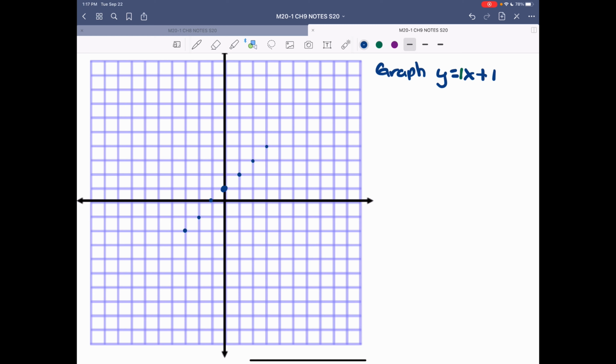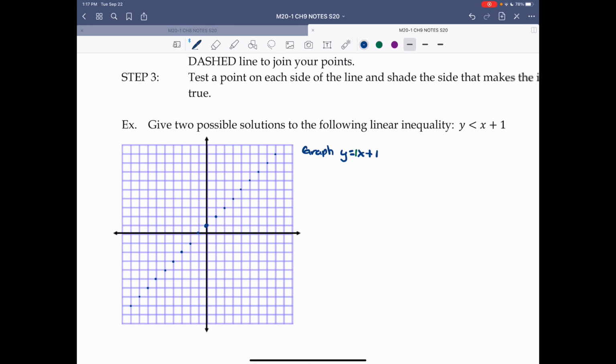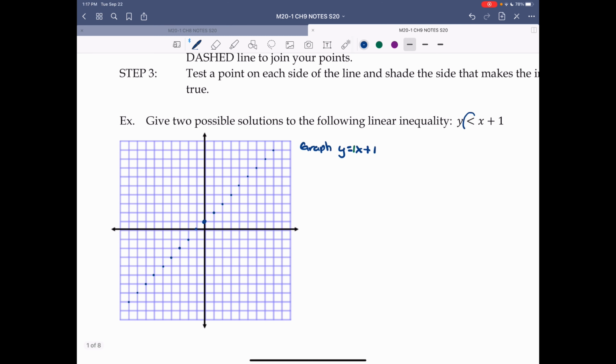Now this inequality, so first I have just my dots, and then I have to decide before I draw my line, is it going to be a solid line or is it going to be a dashed line? So looking at the inequality, y is less than x plus 1. Because it's not less than or equal to, it's just less than, we're going to use a dotted line.